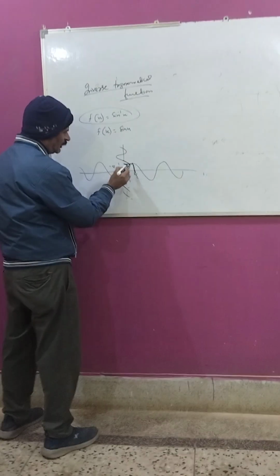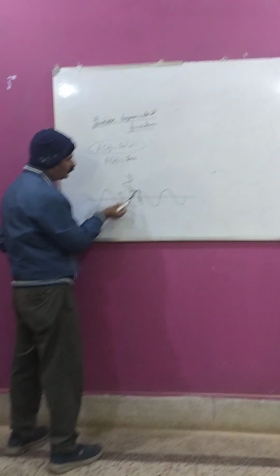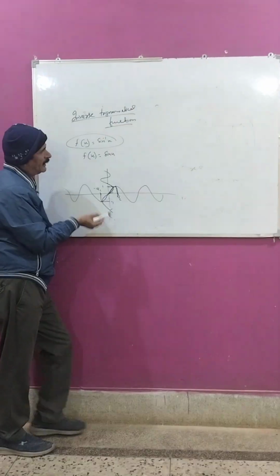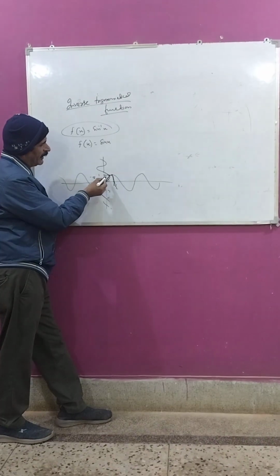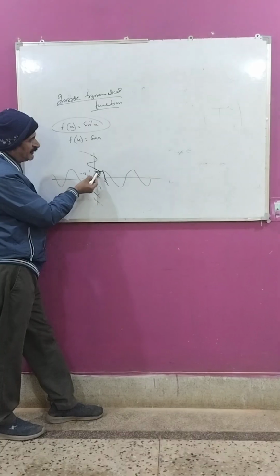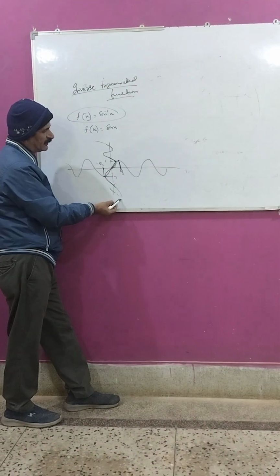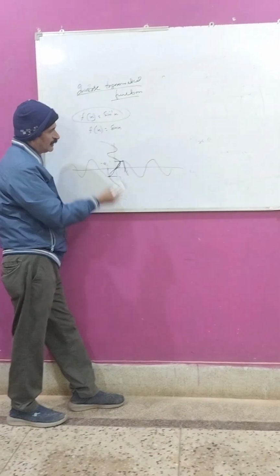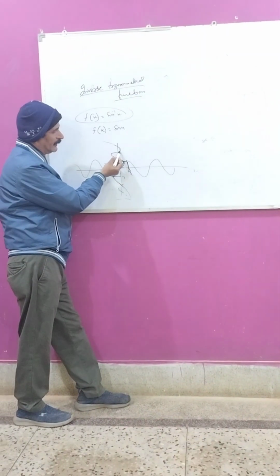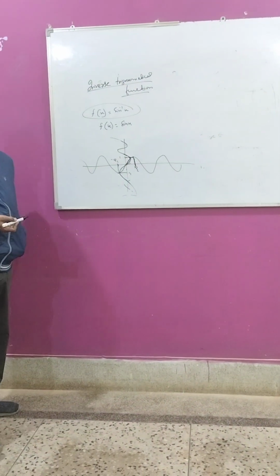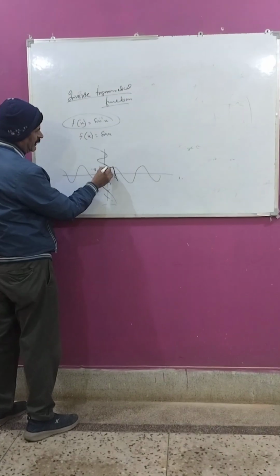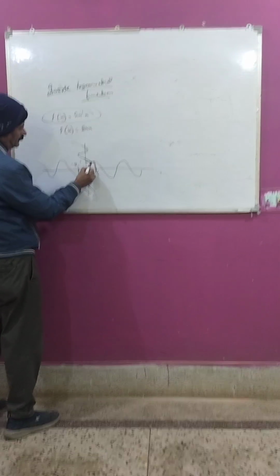Now see here, for finding the inverse, we cannot take the entire function. This is the function, no doubt. But if we want a bijective function, we have to take this segment only, this portion only.